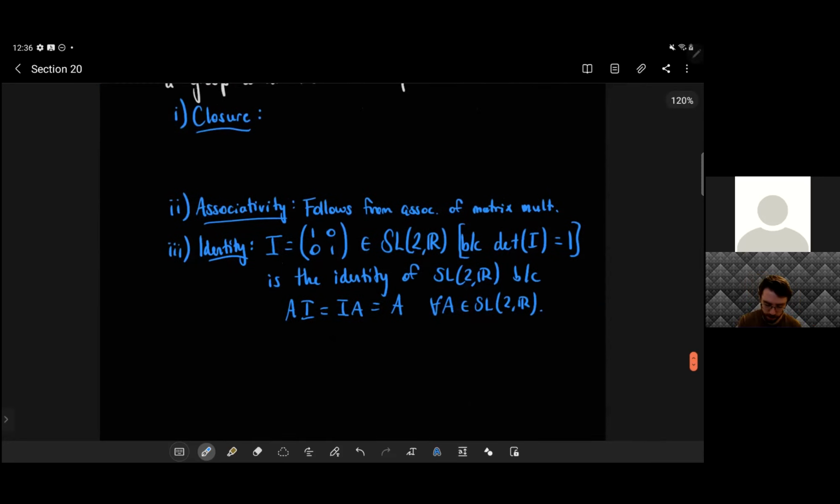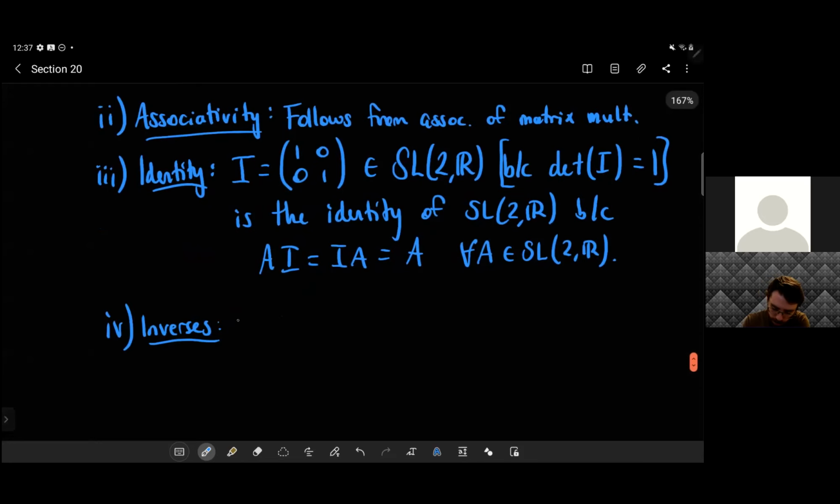Inverses is another weird one. So inverses is important. Do we have inverses in the special linear matrix set? So here we'll say let A be in SL2R.